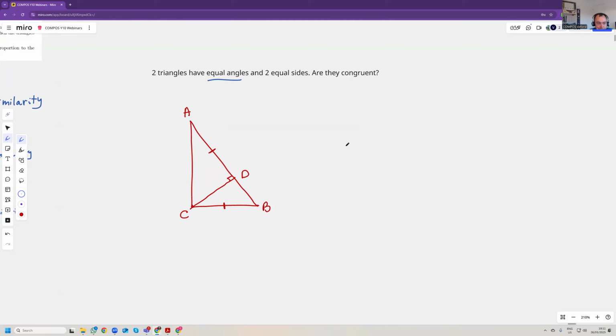Okay. So now we can consider the triangles separately. Triangle ACD. This is C, this is D, this is A.